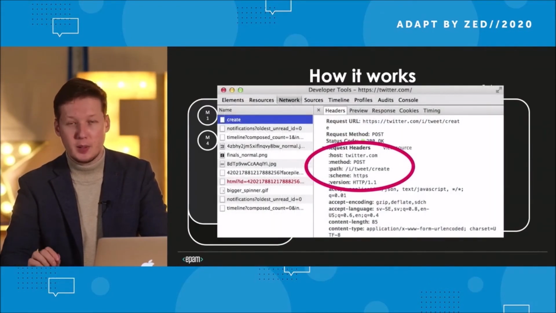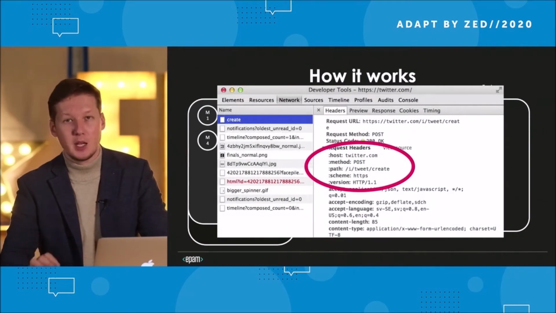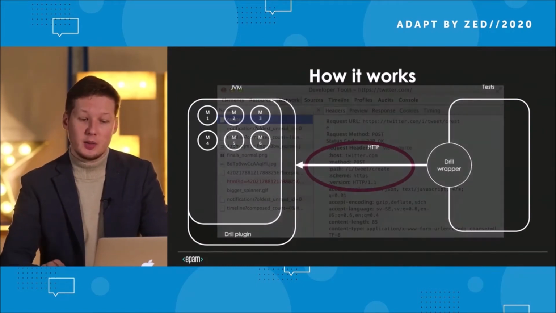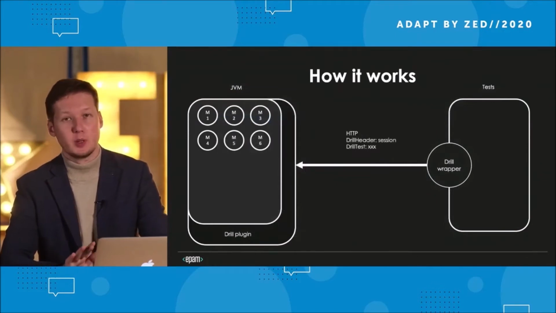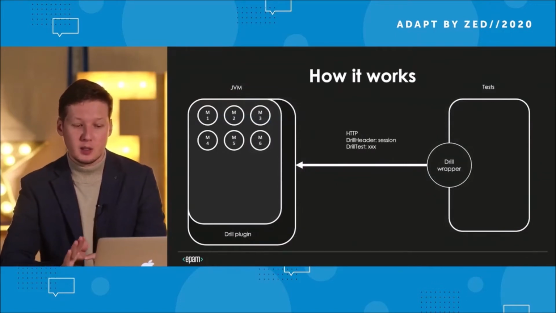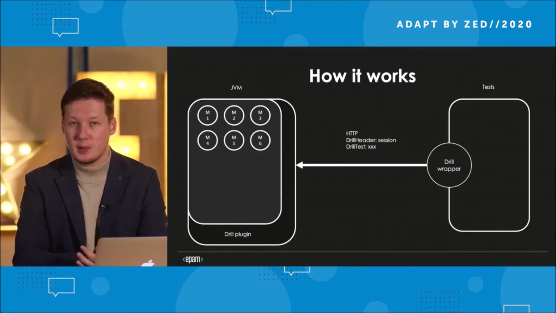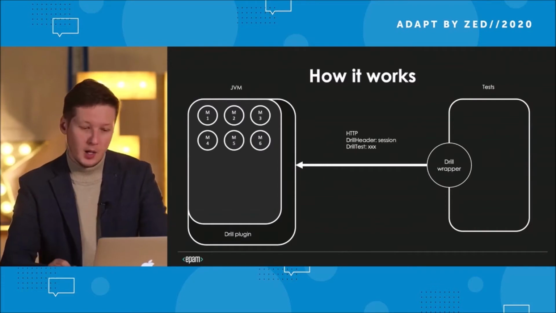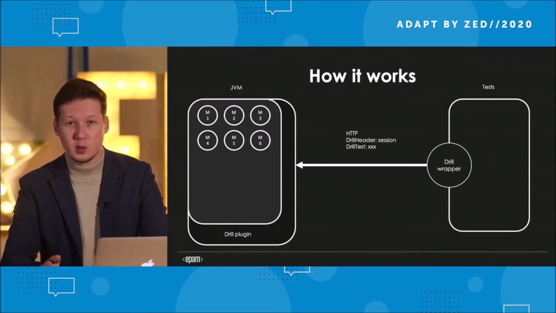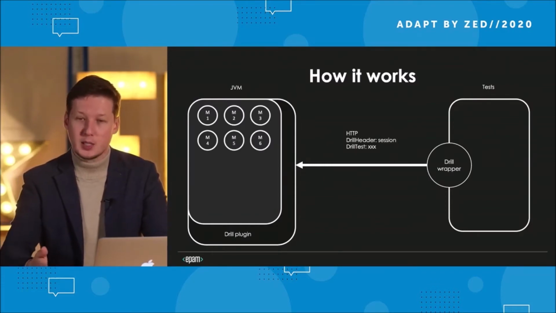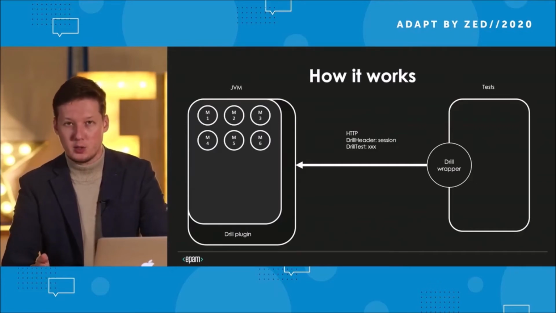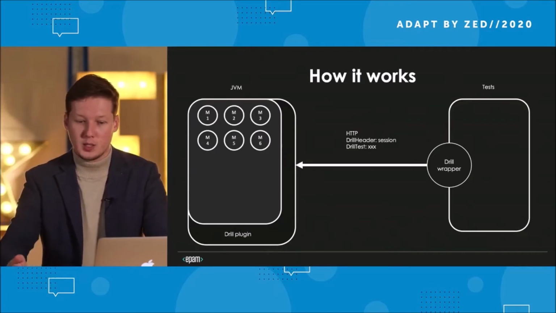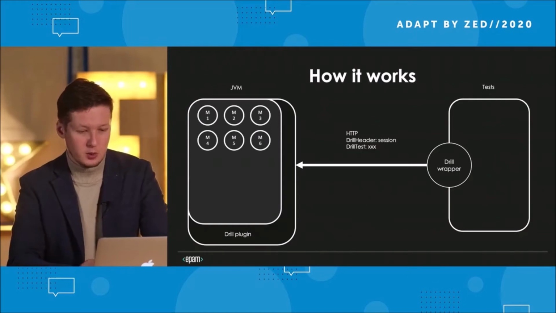Drill4j adds HTTP headers which describe that this particular request belongs to Drill4j, belongs to session number X, and belongs to test case number Y. You can also track which particular user or QA engineer does that testing, or any sort of information.